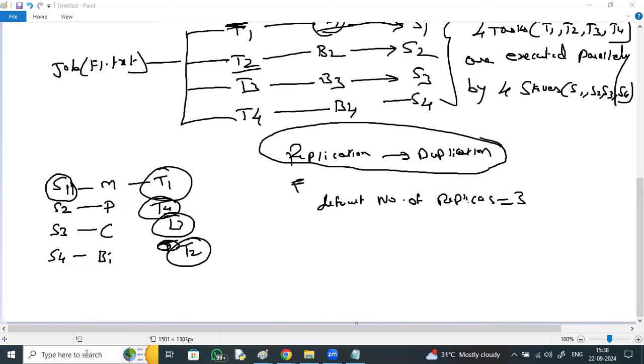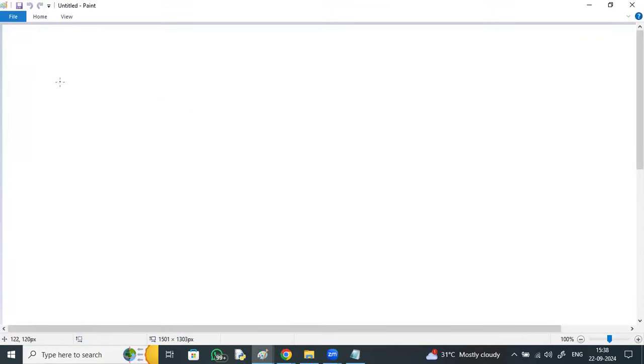For example, f1.txt, 192 MB. Number of blocks: 192 by 64 means totally how many? 3 blocks.